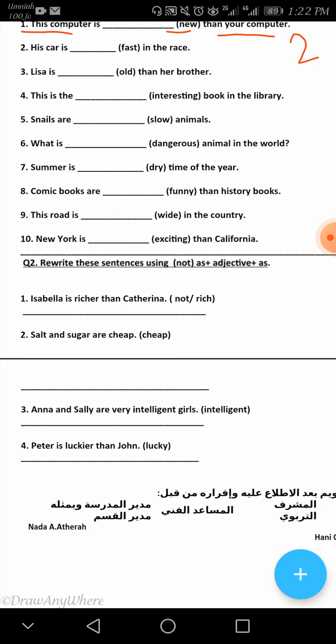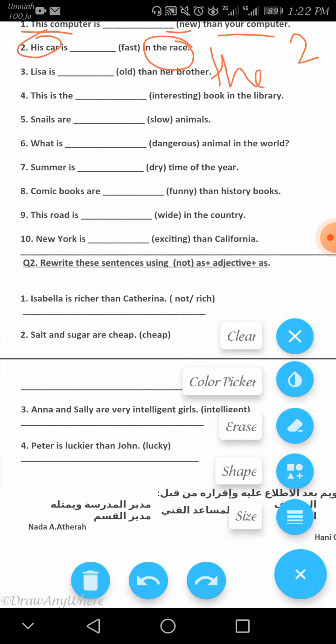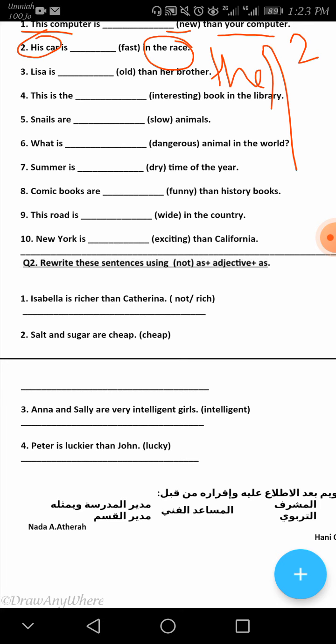Now let me answer this one. راح أجاوبها عشان أساعدكم تكملوا على نفس النمط. His car, this is number 1. In the race, one car with others. So it is superlative. لما باجي أحل راح أحل is the fastest.